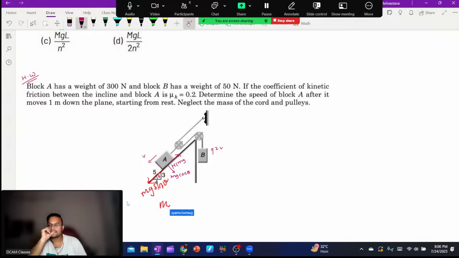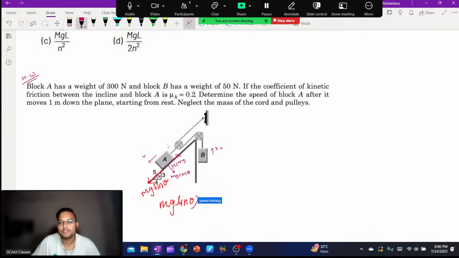Yes, sir, because the block is also moving down. If it is moving down by a distance x, you will take mg sin theta minus mu mg cos theta. Sir, I made a mistake.